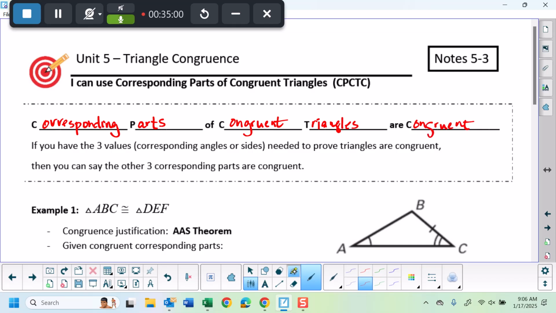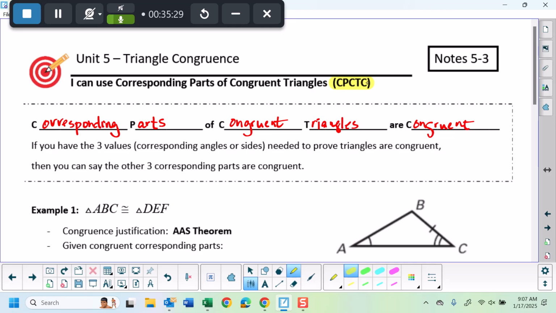And we shorten this by calling it CPCTC. CPCTC says that if you can prove two triangles are congruent, then you automatically get the other three pieces of information that you didn't know before. Now you're going to have to be very mindful about what do I know before I prove them congruent and what am I getting as a result of them being congruent.